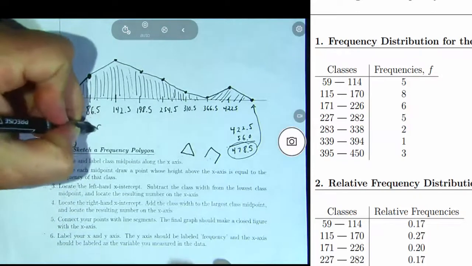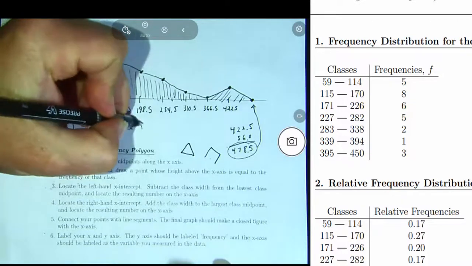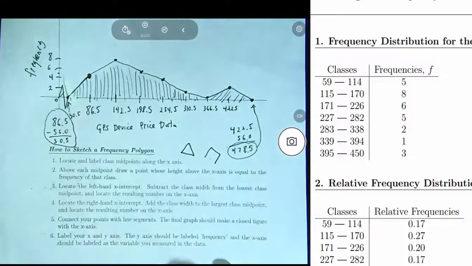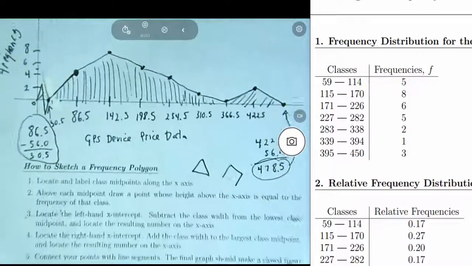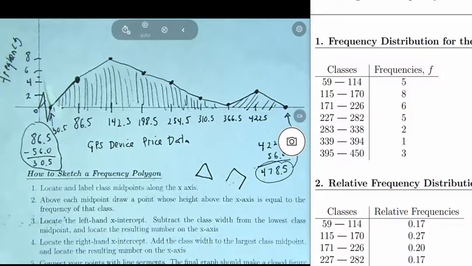In this case, it's GPS device price data. And I think the picture could look a little bit better, maybe if we left out these calculation marks. But anyway, that gives you an example of how to sketch the frequency polygon by hand.